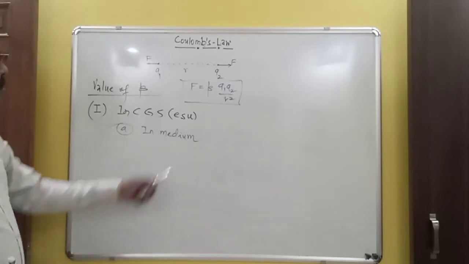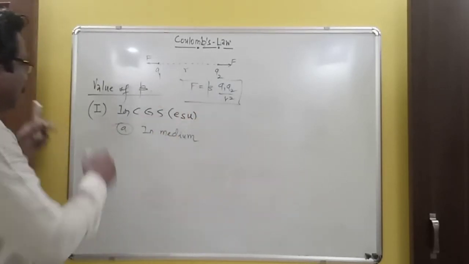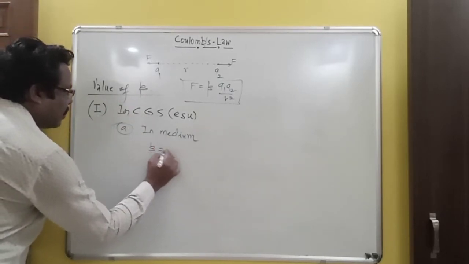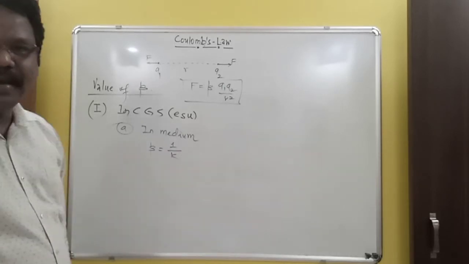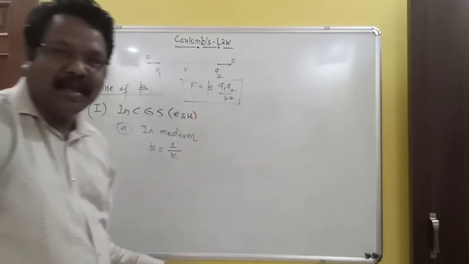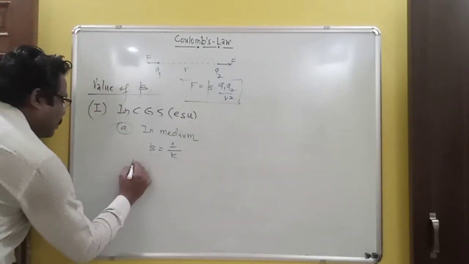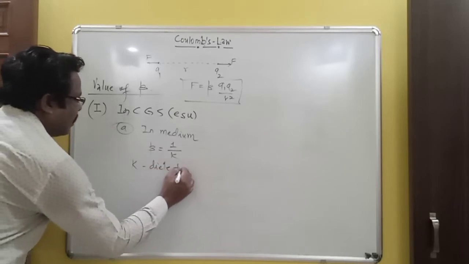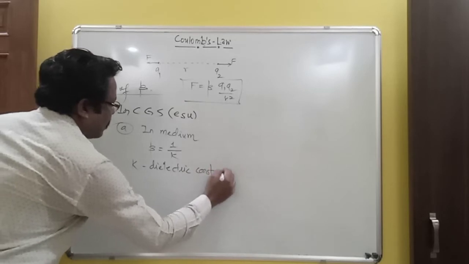And here we are observing the constant of proportionality beta. So this beta in a medium in CGS system is what? 1 upon K. Therefore, I have not taken this beta as K. Beta is 1 by K, where K is called the dielectric constant of the medium.